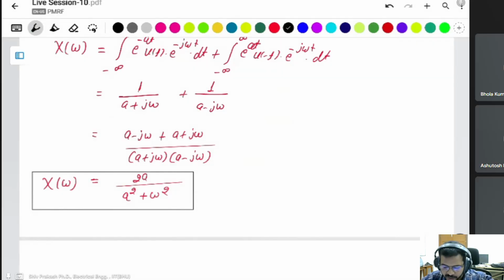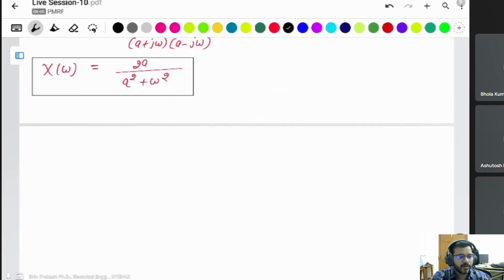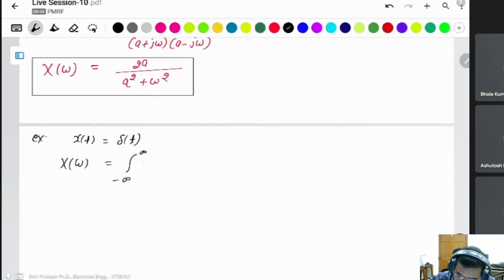Okay, let's check another example also, like delta t. What about the Fourier transform of this simple signal? Fourier transform of the impulse signal is simply the integration from minus infinity to infinity of delta t e to the power of minus j omega t dt. For the integration, the delta function is available only at the origin, it means 0.